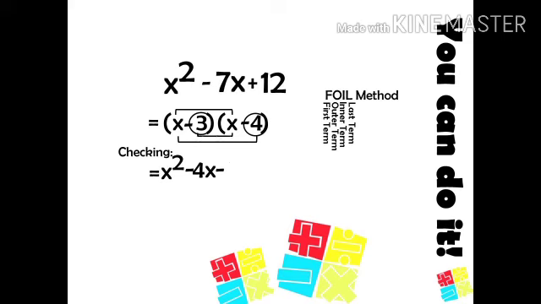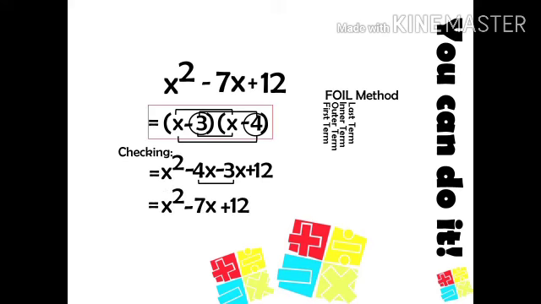Then we have negative 3x and positive 12. We're going to add them and it will become x squared minus 7x plus 12, and that's the final answer.